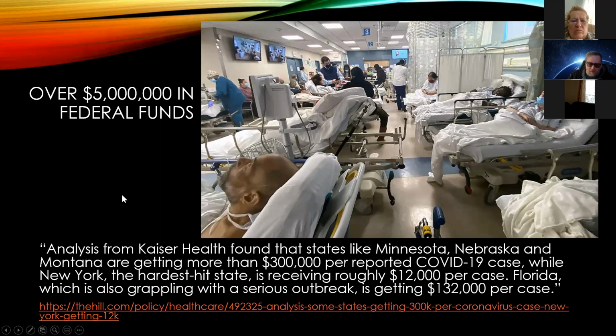Well, one thing I came up with is the government pays for COVID deaths. So the government pays states like Minnesota, Nebraska, and Montana $300,000 for a reported case. And remember that WHO and all of them are changing their definitions of what a case is to make it really wide, really vague.